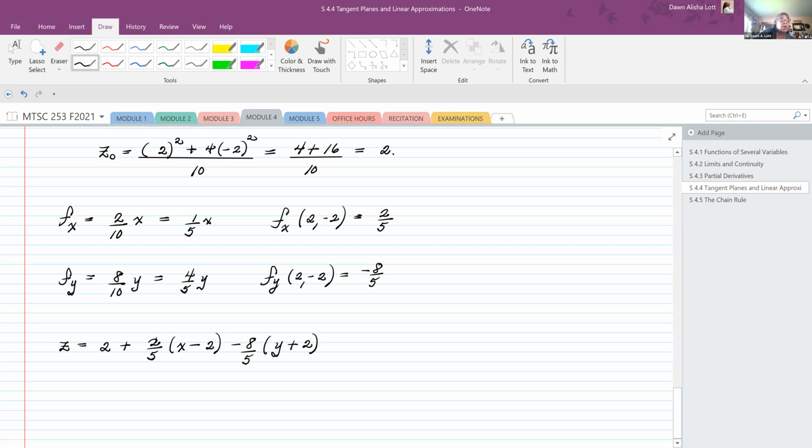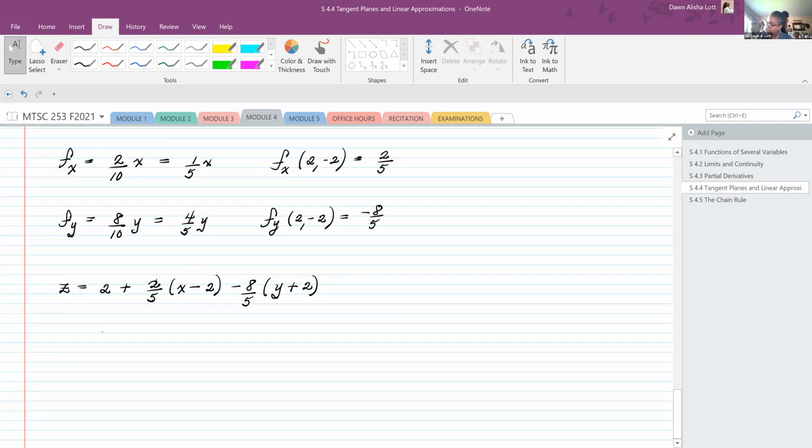And when all is said and done, I get 2x, multiplied by 5, so I get 2x minus 8y minus 5z minus 10 is equal to 0. So this is the tangent plane.